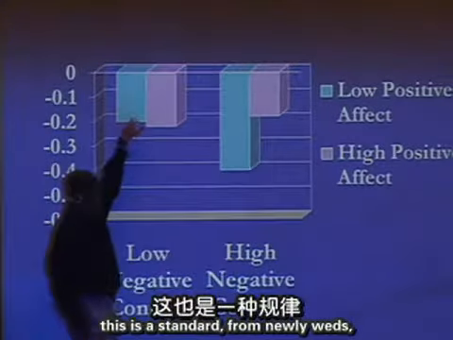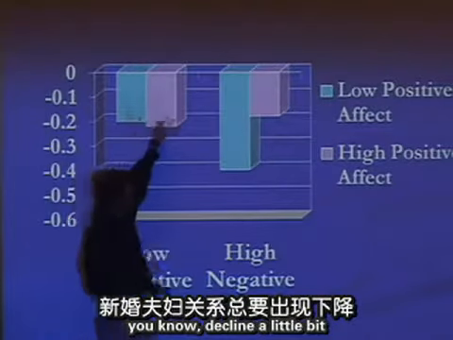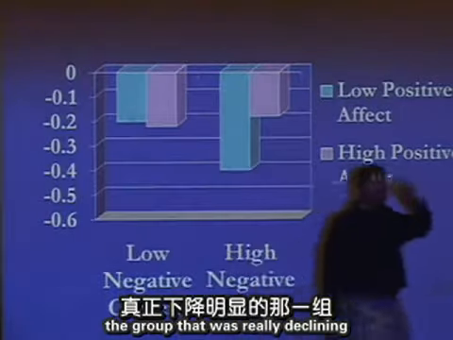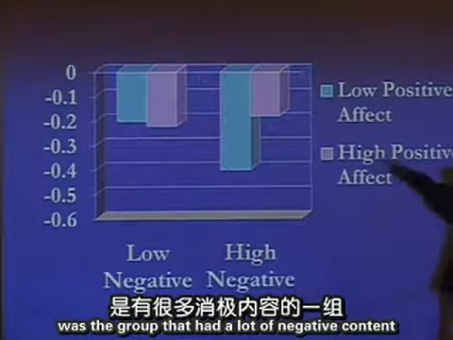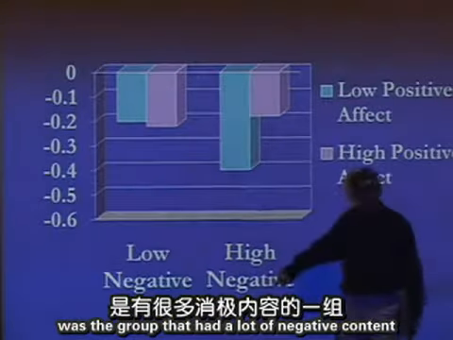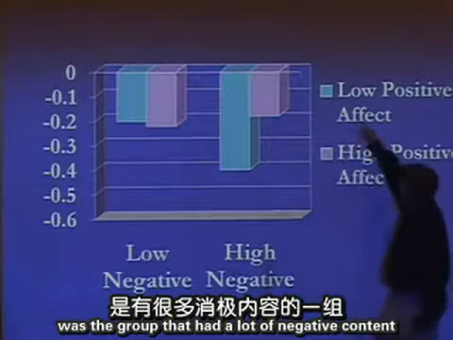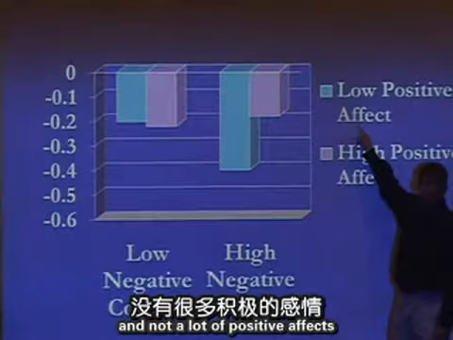This is just standard for newlyweds, you decline a little bit. Standard, standard, standard. The group that was really declining was the group that had a lot of negative content and not a lot of positive affect.